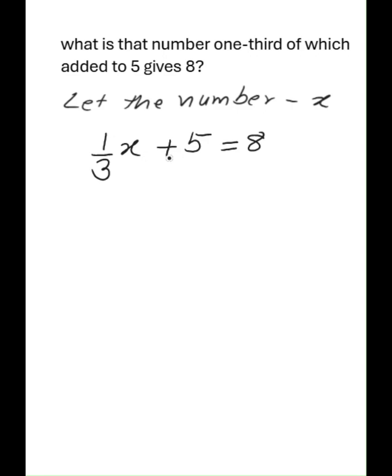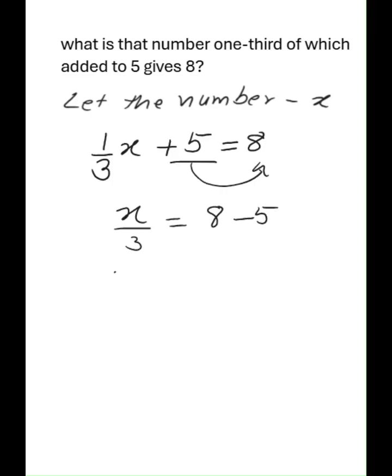So here first, plus 5 will go to the other side. Here plus sign is there with 5. So when it goes to the other side, it goes with a minus sign. So x by 3 equals to 8 minus 5.